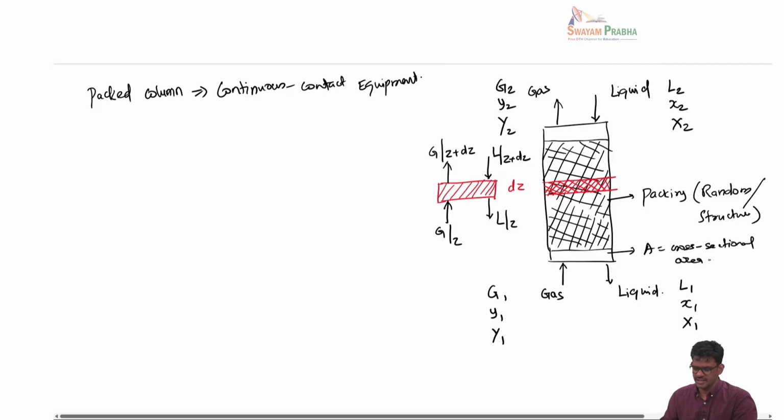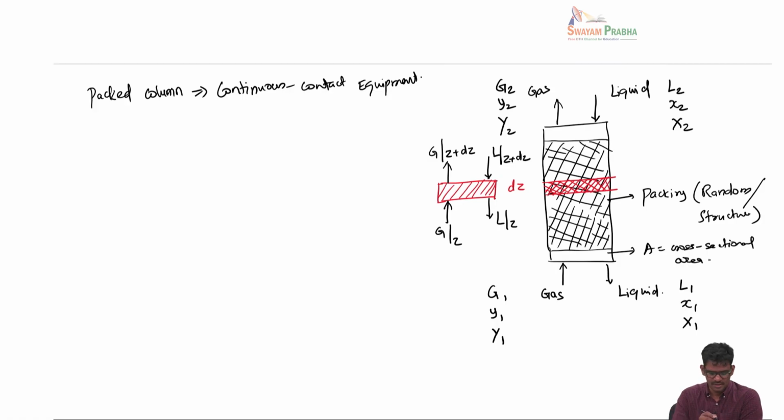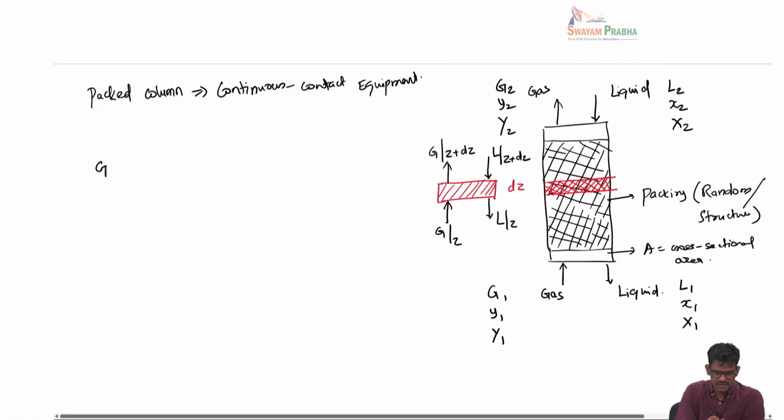So now let's write the material balance here for this particular thin section. So we have G A y entering at.